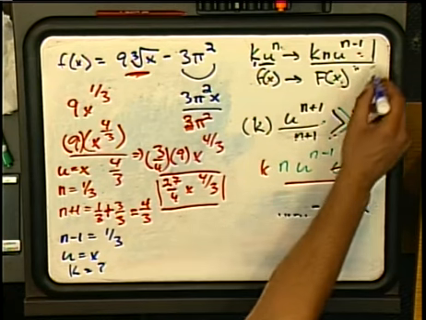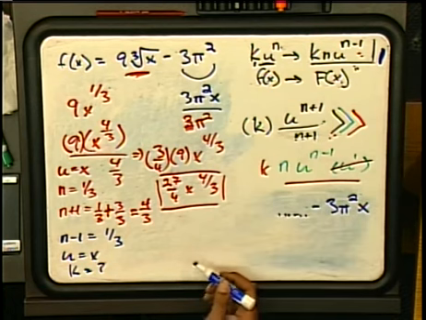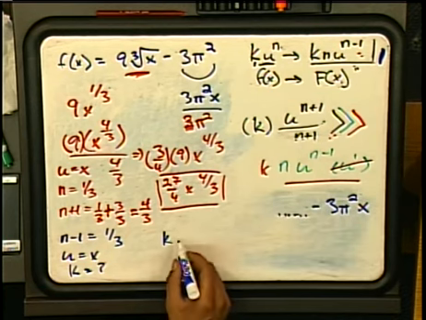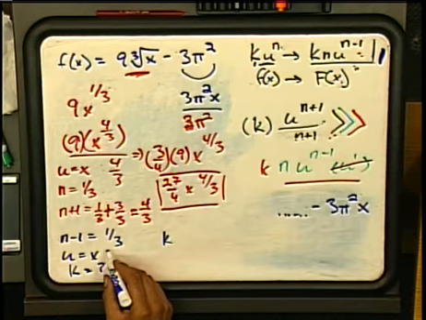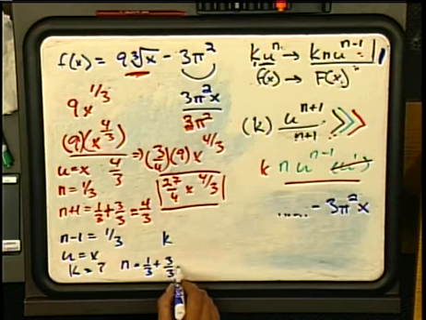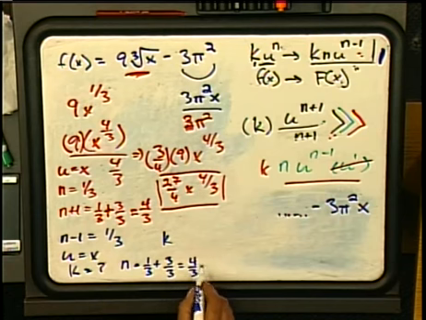And start plugging it into this equation. K, which we're looking for, n equals 1/3 plus 1 equals 4/3.